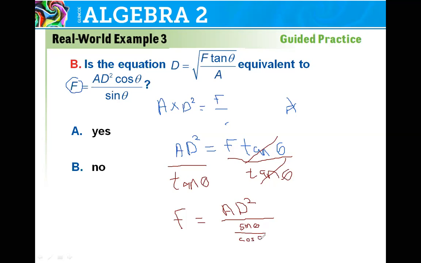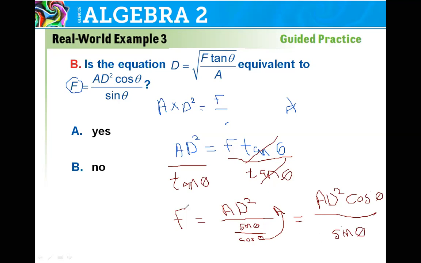Then cosine multiplied by AD squared. So the result will be AD power 2 cosine theta over sine theta, which is the second expression.